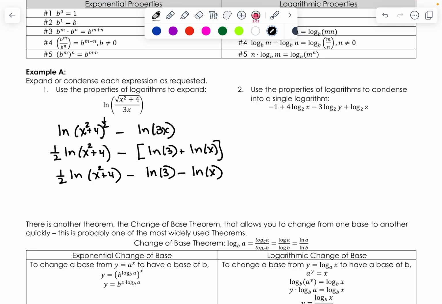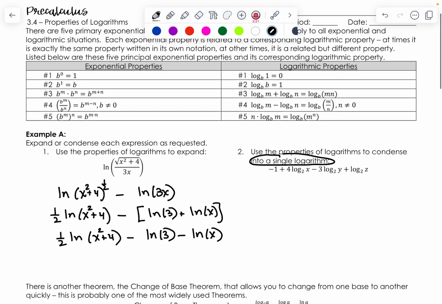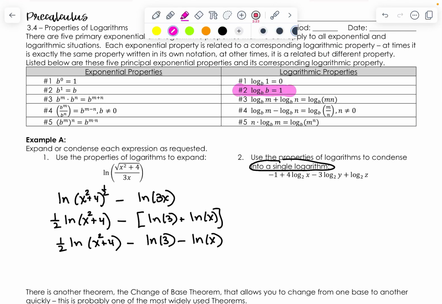All right, then in number 2, this one I want to condense it. So I want to make it smaller, and I want it to be a single logarithm. So when I look at that -1, that might be a little perplexing, okay? And you want to think about property number 2.